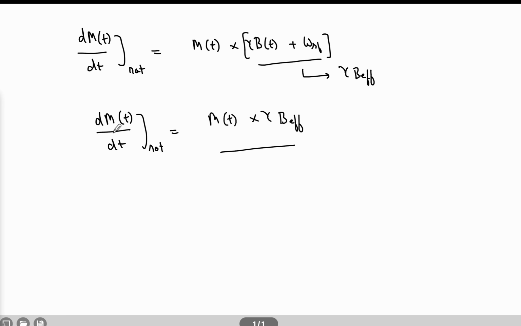I mean, if you look at the lab frame equation, this is the same form. It's just that the field about which the magnetization was precessing, initially it was B, now it is B effective. So we will see how B effective is calculated, but the idea is that rotating frame transformation does not change the behavior of magnetization, as in the description of motion is defined by a very similar equation.